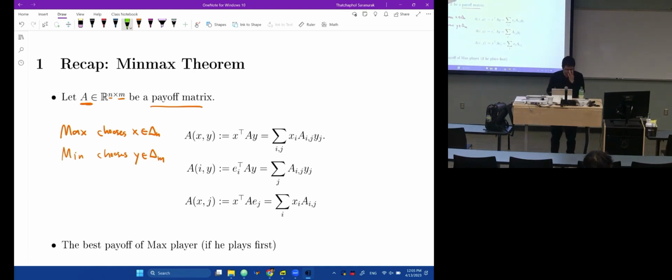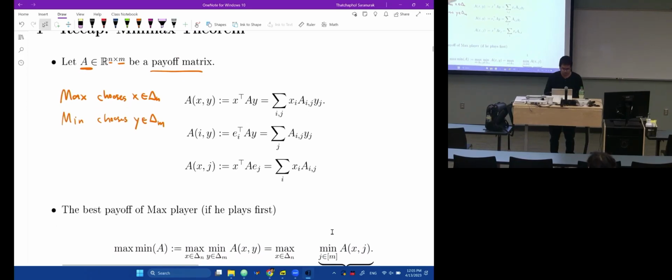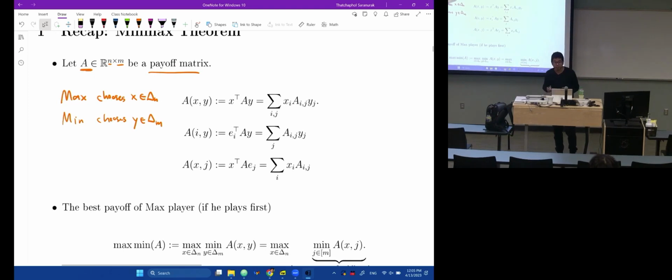Now, given this notation, we talked about the maxmin of a game and the minmax of a game. Let's start with the maxmin of the game.